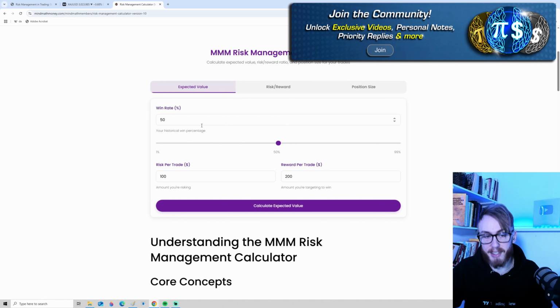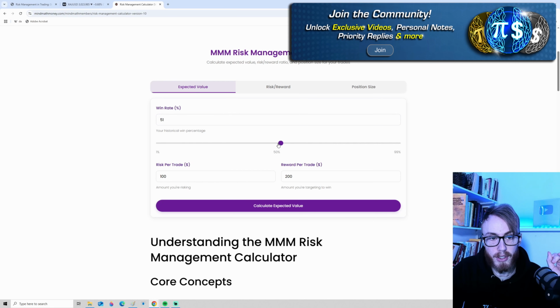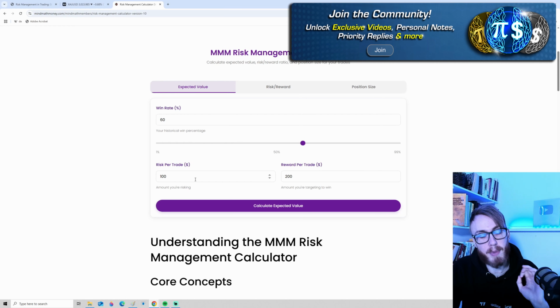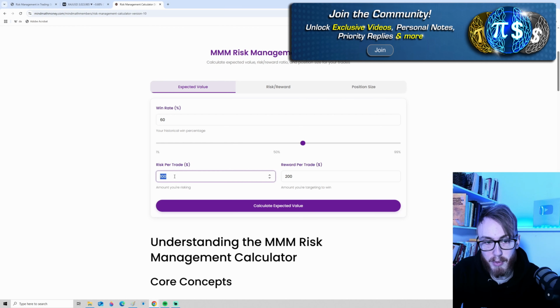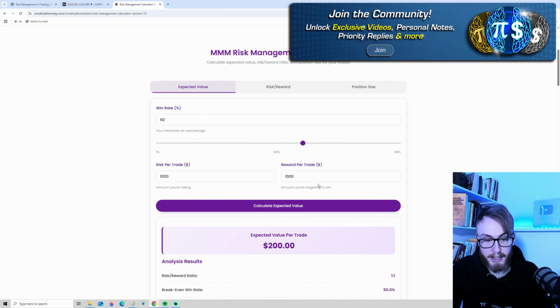And as a very simple example, let's say, once again, let's take the 60% win rate example. You can also use this slider here to choose whatever win rate you want, but let's choose 60% here, and let's make this super simple and say that we risk 1,000 per trade and we can win 1,000 per trade. Now let's calculate the expected value.